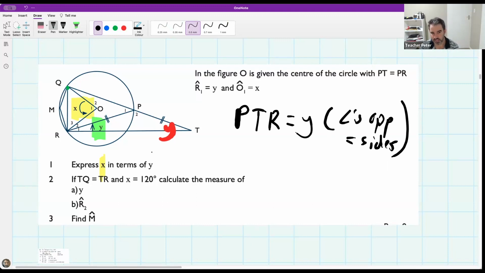Now, I still have to connect the x and y together. What might my next step be? Any ideas?